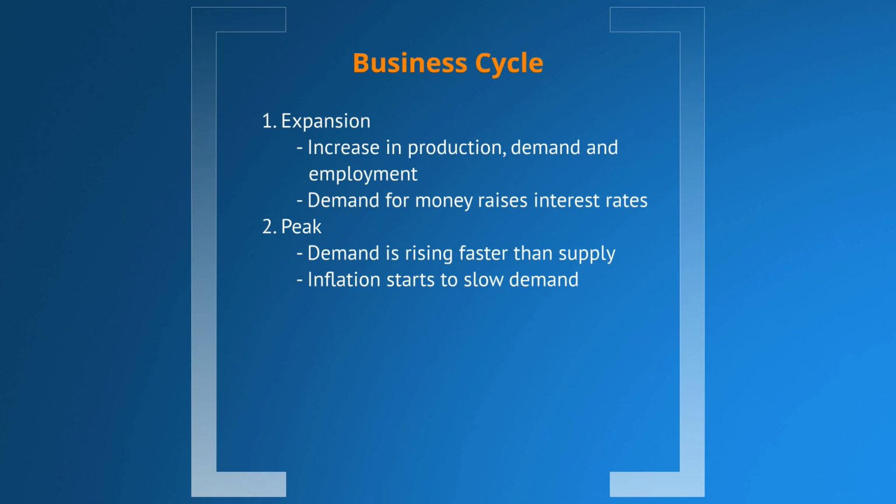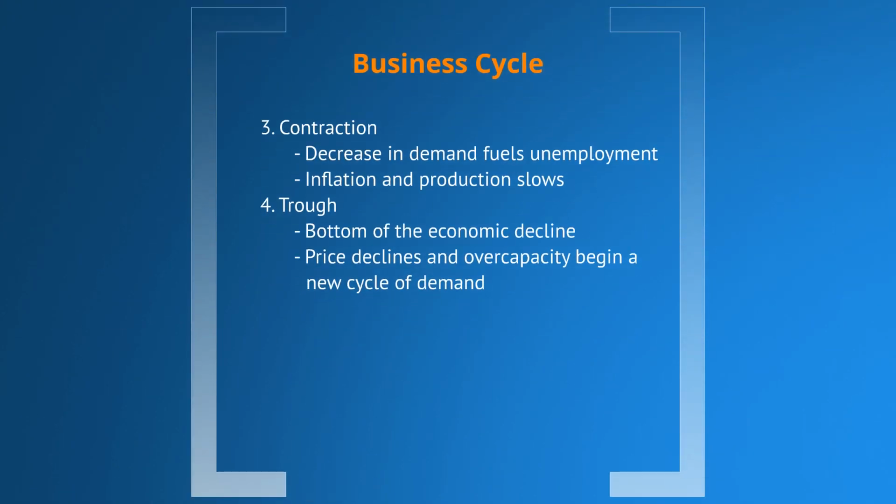There's four different stages. Expansion, in which interest rates and inflation are starting to increase, along with production, demand, and employment, until we get to a peak. Inflation has gotten maybe a little bit out of control. It's very high, which is starting to slow down demand and get us to a contraction.